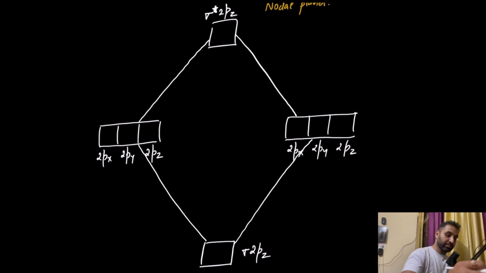Now, firstly, we got the bonding and anti-bonding molecular orbitals for sigma bonds.